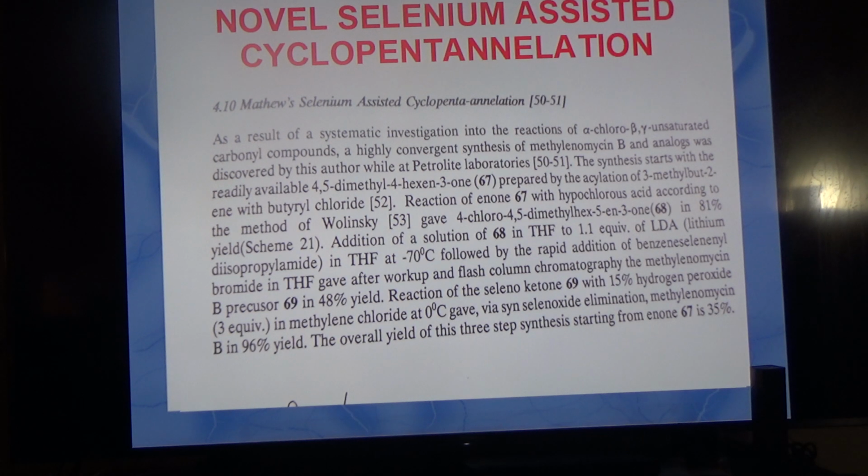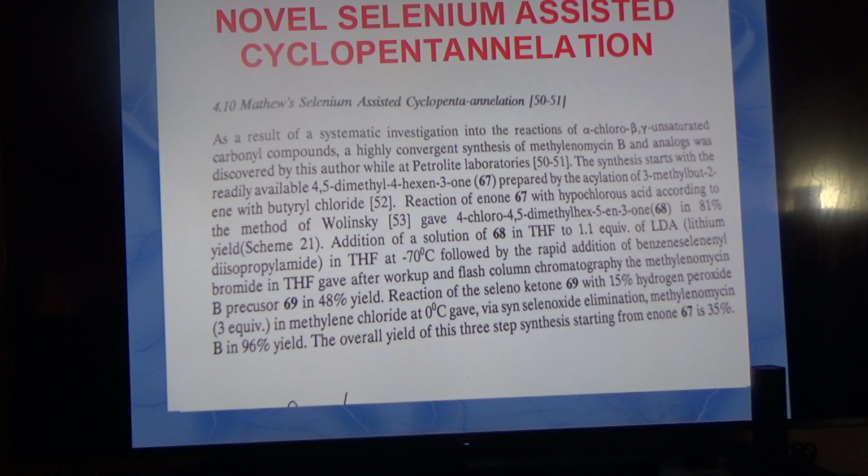As you can see, the abstract of the experimental details is given here, and methylenomycin is obtained in 96% yield in the last step. In other words, the hydrogen peroxide oxidation and elimination of the phenylselenium oxide, and the liberation of methylenomycin, proceeds in 96% yield.